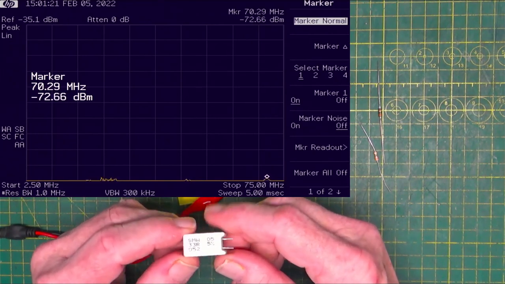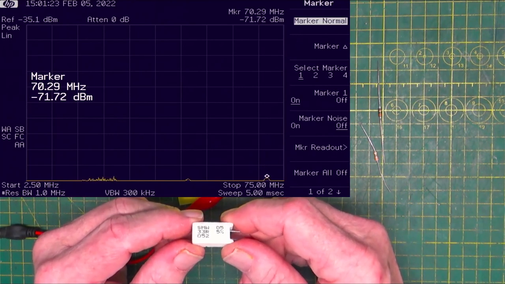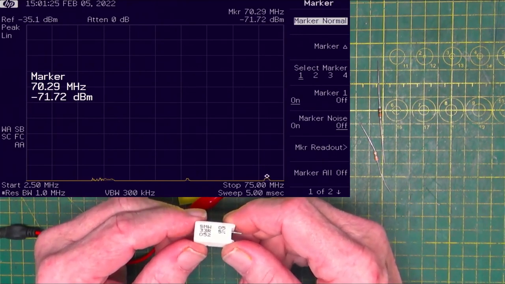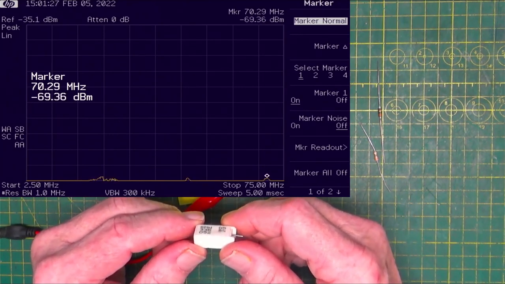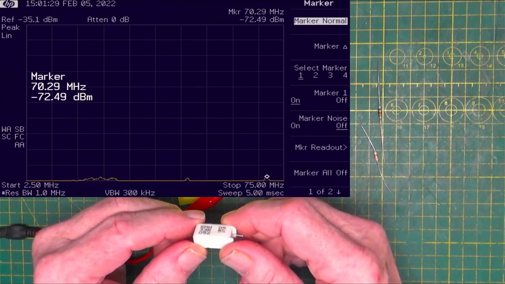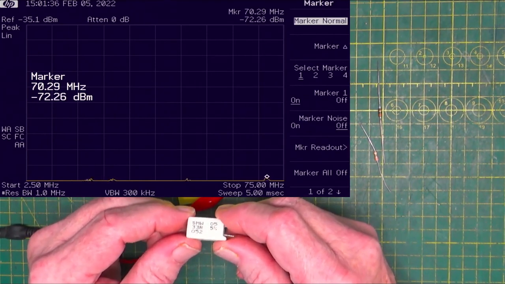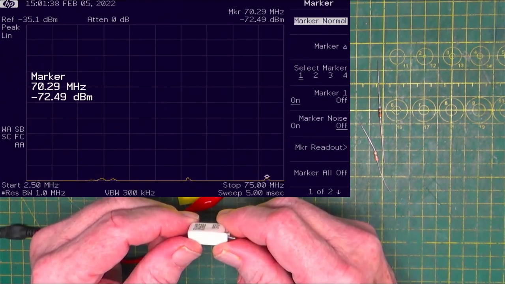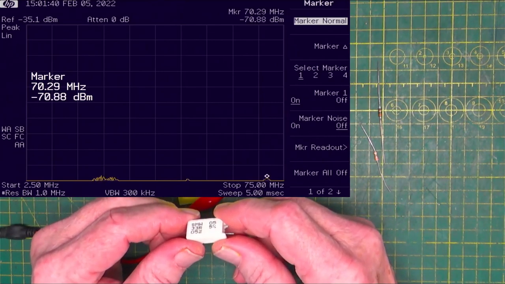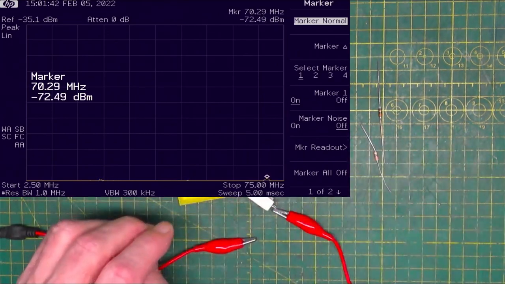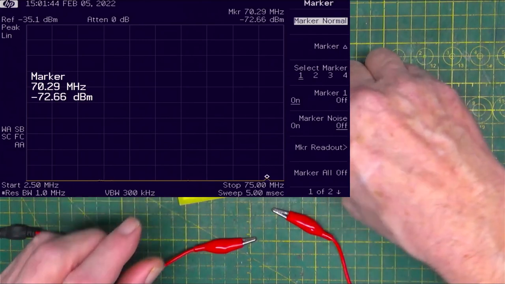If you want to use this as an external load, like a dummy load, if this was 50 ohms, you couldn't use it for that either, because it would present an SWR because of the inductance inside of this to your transmitter and throw the whole mess off. So resistors are not all created equal.